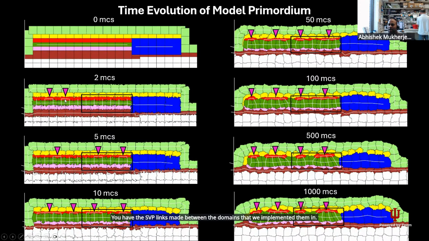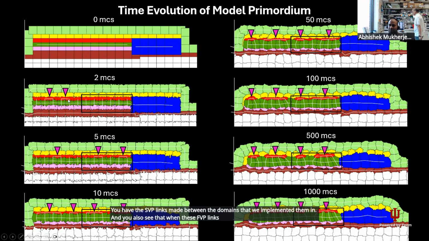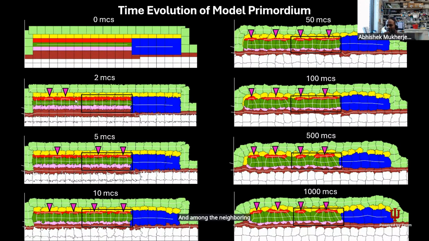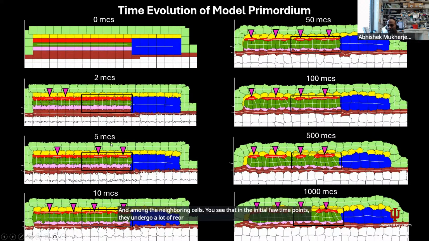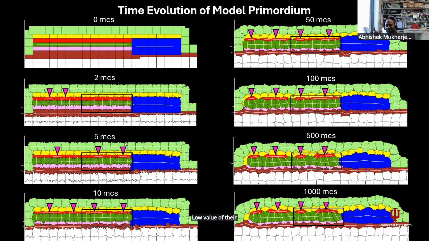And when these FPP links are made within the FGF domain, within each of the cells and among the neighboring cells, you see that in the initial few time points, they undergo a lot of reorganization owing to the relatively low value of their maximum distance, the maximum region of influence over which these links can operate.